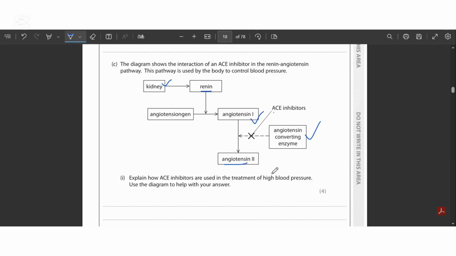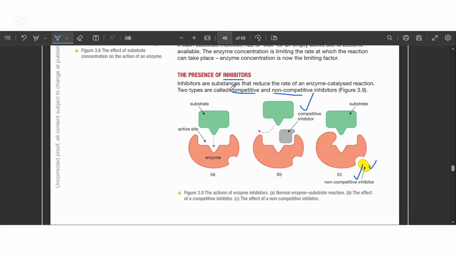ACE inhibitors are basically substances that are going to either delay the reaction or halt it, preventing the angiotensin converting enzyme from working to convert angiotensin I into II. Since this question speaks of inhibitors, let's have a quick review of how inhibitors work to interfere with the enzyme reaction. There are two types of inhibitors.